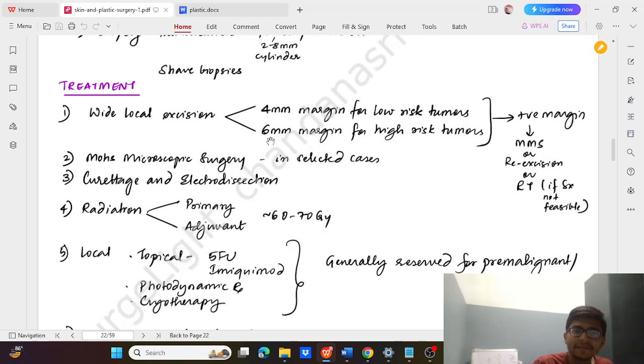Schwartz and Bailey have given 10 mm margin, that is 1 centimeter, for high risk tumor. That is tumor involving the central part of face. If involving the scalp, cheek or neck, when the size is more than 1 centimeter, and extremities and trunk more than 2 centimeter, these will at least have to keep 1 centimeter of margin or 10 mm margin.